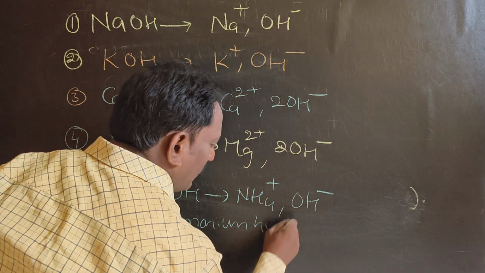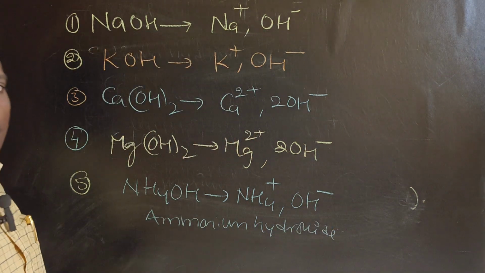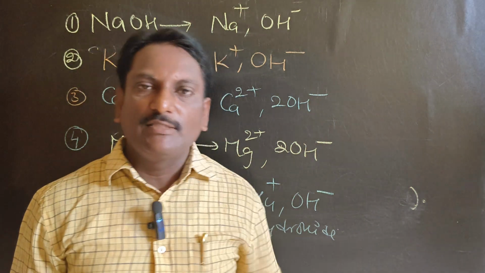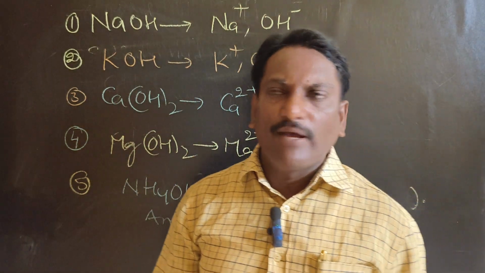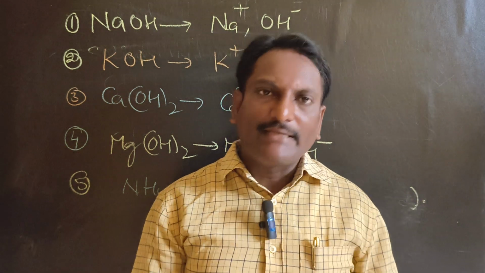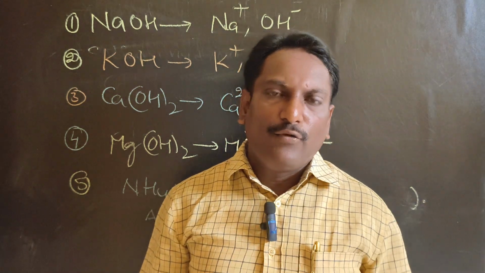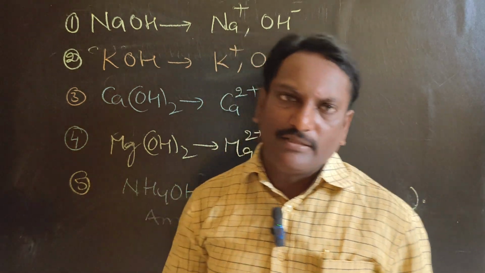Right. These are the list of acids and bases. Please learn in detail. I have given 6 examples of acids and 5 examples of bases. Please practice the names, formulas and splitting of ions of these acids and bases.